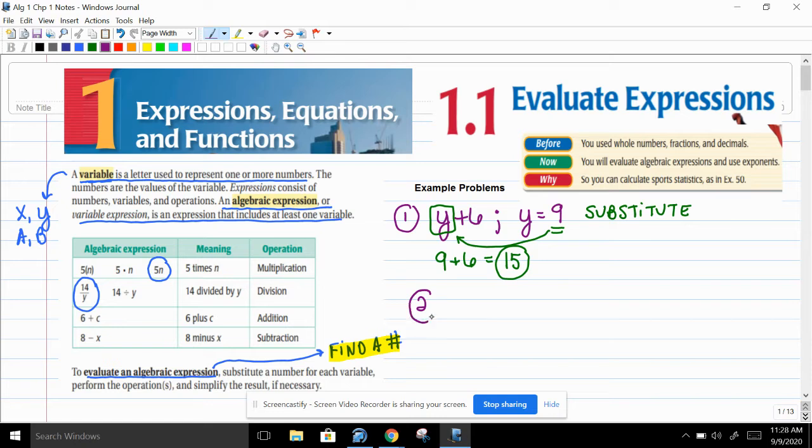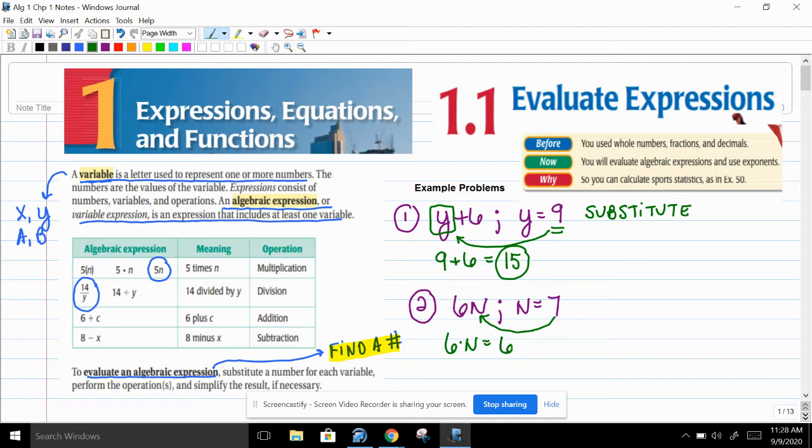So let's say I asked you to evaluate 6n, when n is equal to, say, 7. Same thing. You're going to substitute. That 7 is going to replace that n. Now remember, when you see 6n, that's the same thing as saying 6 times n.